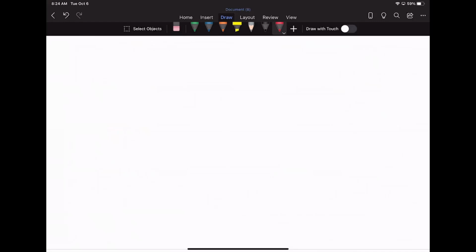I think our next one is going to be the salt of a weak acid and a strong base. So let's do salt of a weak acid and a strong base. So weak acid, strong base.